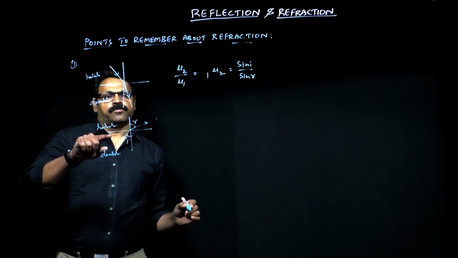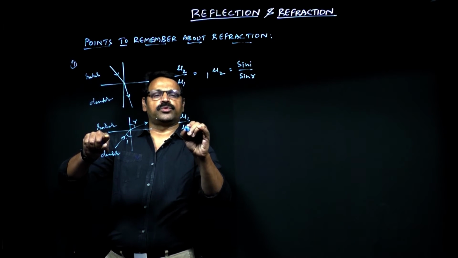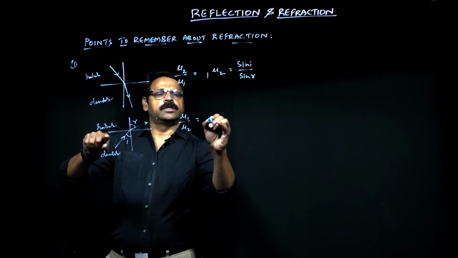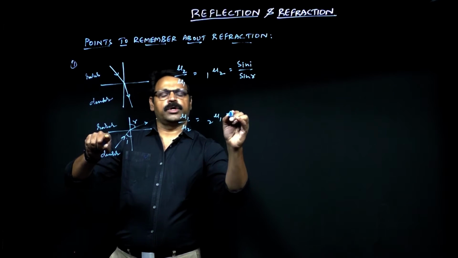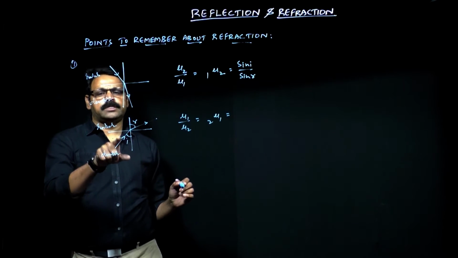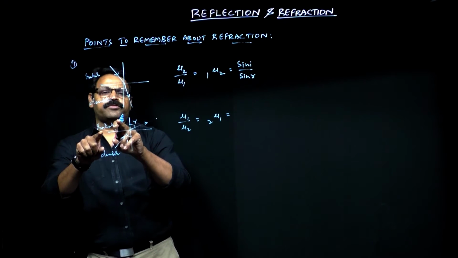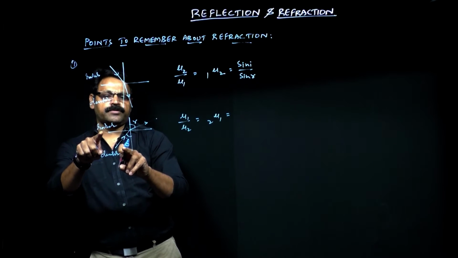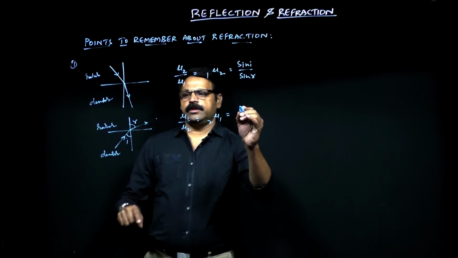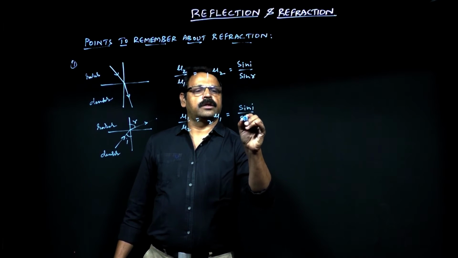Here we are going to write mu1 by mu2, that means 2mu1, because it is starting from here and ending here. The first medium is denser, the second medium is rarer. That means you are getting the first medium refractive index with reference to the second medium. In this case, sin i by sin r.